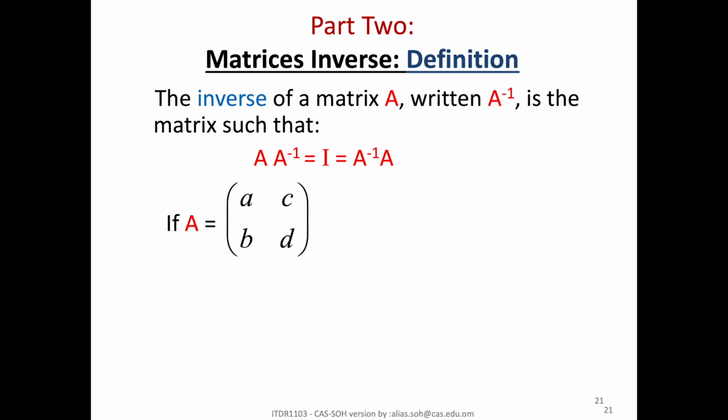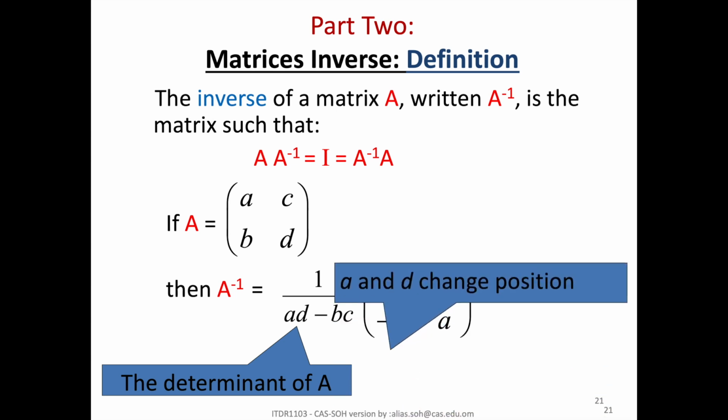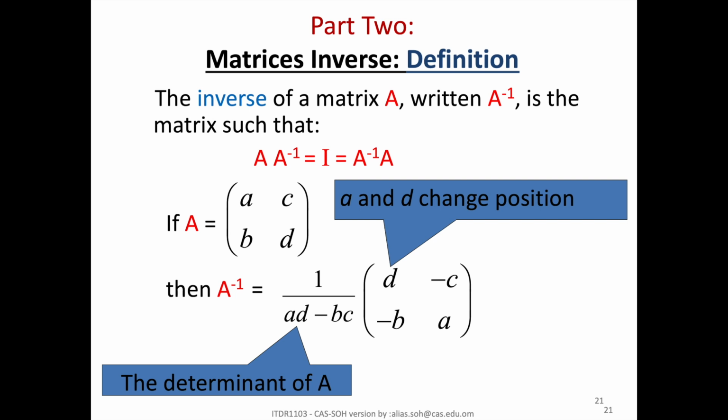If A is equal to A, B, C, D, then A inverse, written as A to the power of minus 1, should equal 1 over the determinant of A. And then what we do is change the places of D and A and change the signs of C and B.